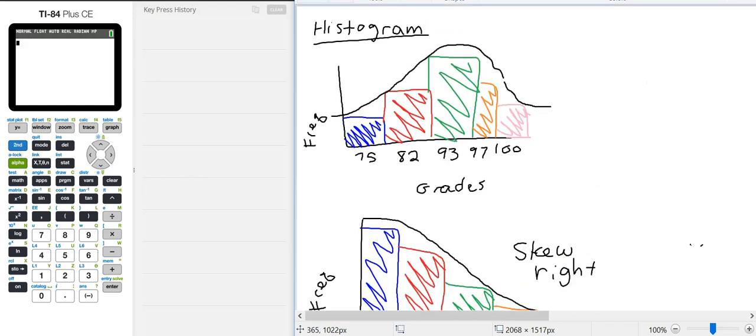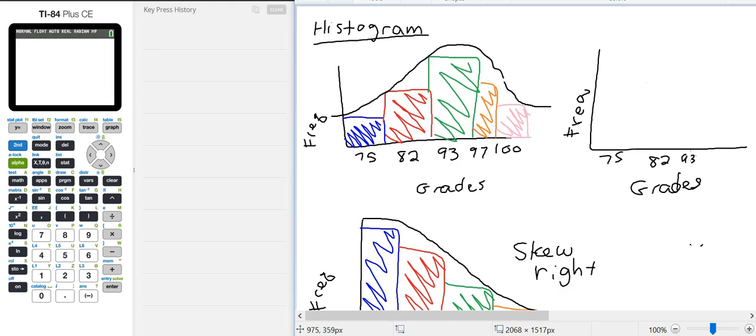Another way we could represent this data if we didn't want to use a histogram is by using a dot plot. A dot plot is the same thing, really. We have grades and we have the frequency or the amount of times that each of these grades occur. Let's use the same thing, 75, 82, 93, 97, 100. Instead of making bars, we're going to make dots. So each of these dots represents a student.